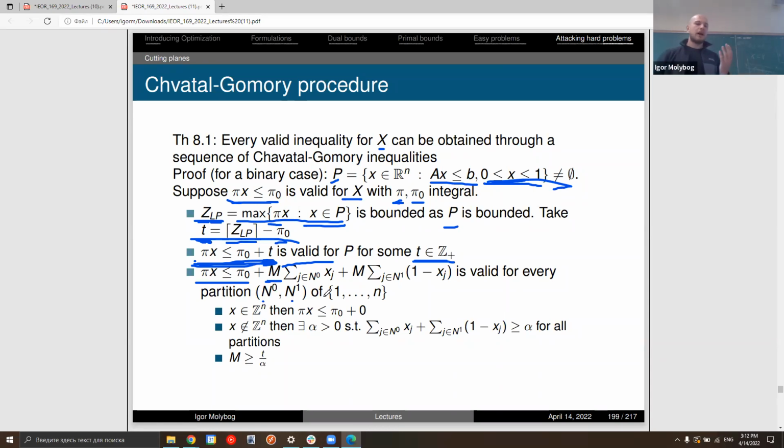So it doesn't really matter how you partition your set of N variables.